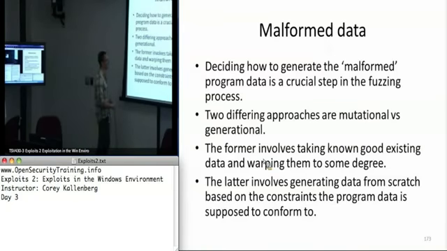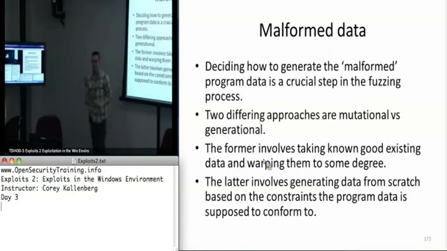That's good because we can just go out and download a large body of known good data samples. If we were fuzzing PDFs, we could write a script to download every PDF we could find on the internet. The alternative is generational fuzzing, where we understand what the data is supposed to look like.